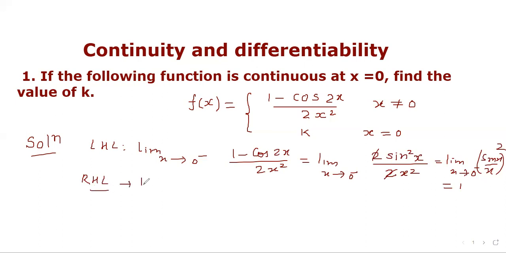In place of 0 minus, we write 0 plus, and nothing will change, and the value will be 1. Since LHL equals 1, RHL equals 1, and the value of the function at x equal to 0 is k, so the function is continuous, so we can say that k equals 1. So this is our required answer.